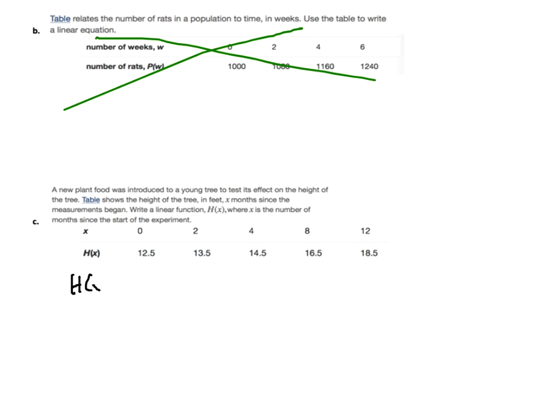A linear function, h of x equals mx plus b is what I'm trying to write, where x is the number of months since the start of the experiment. So once again, I need to find the slope. I need to choose which 2 points I'm going to use to find this slope.